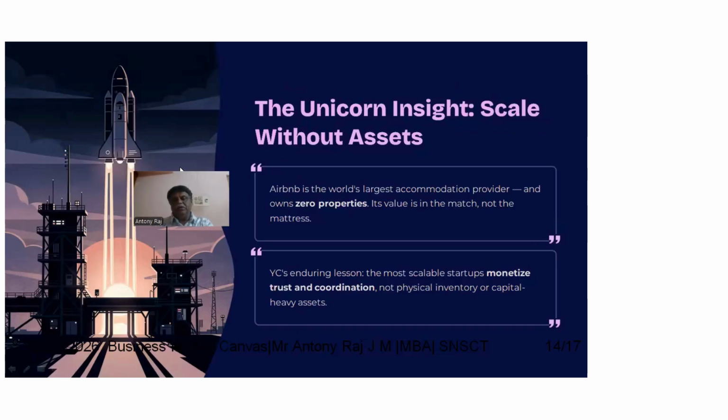So this is a very interesting company where we clearly applied the BMC, and we're able to understand the concept of BMC and how a unicorn company like Airbnb works. You can see these are the testimonials from the customers.